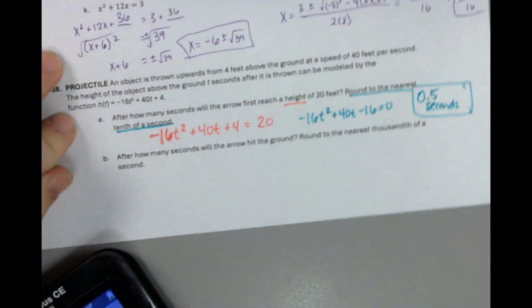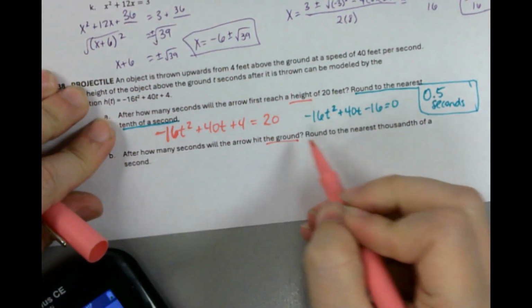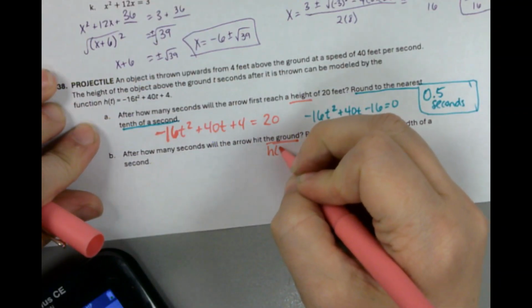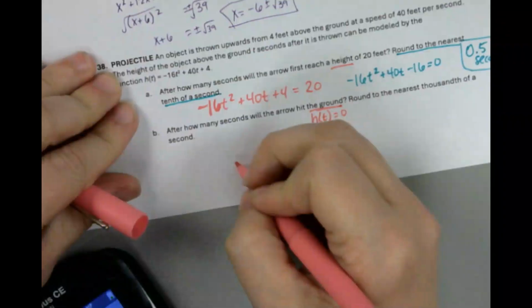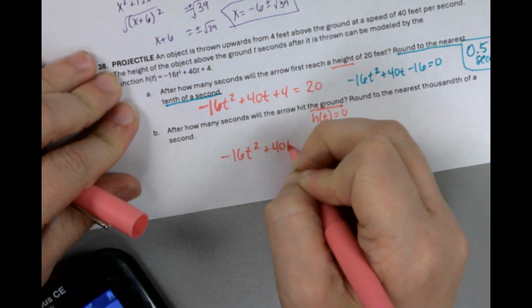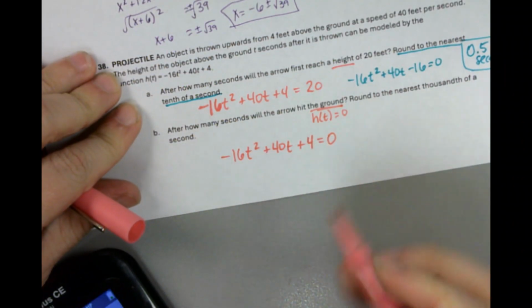Whew. After how many seconds will the arrow hit the ground? It hits the ground when the height is 0. So we have our negative 16t squared plus 40t plus 4, our initial function, equals 0.